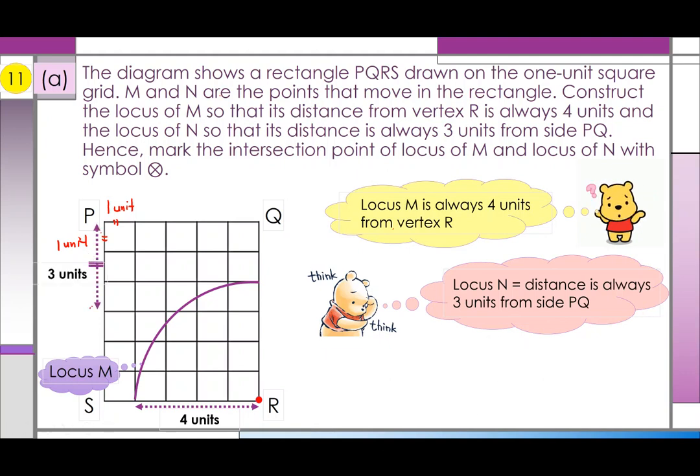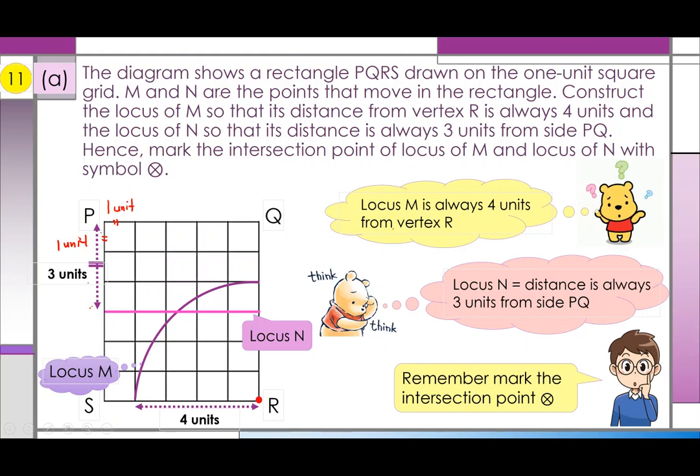So this is 3 units from PQ. So this is locus N. Remember? Hence, mark the intersection point of locus M and N with a cross. So we need to mark this one. Then we complete.